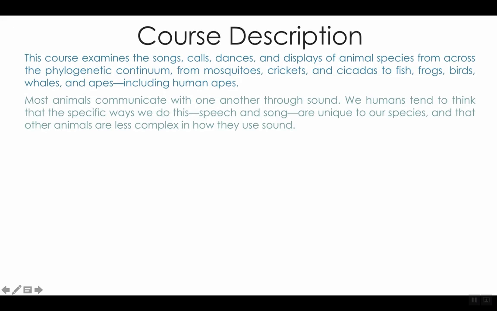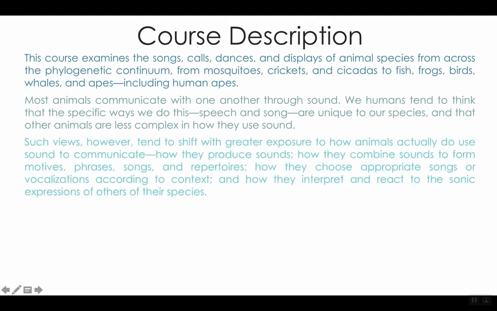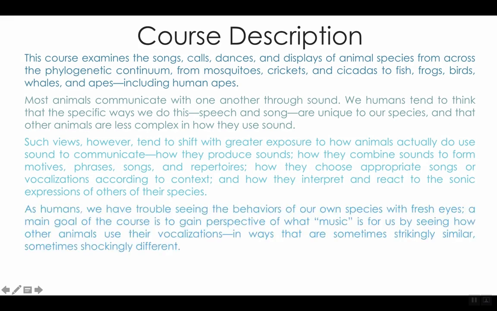We humans tend to think that the specific ways that we do this, which we give the lofty terms of speech and song to, are unique to our species, and that other animals are less complex in how they use sound.